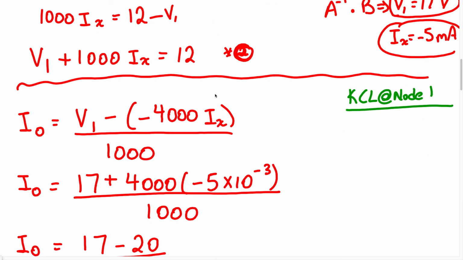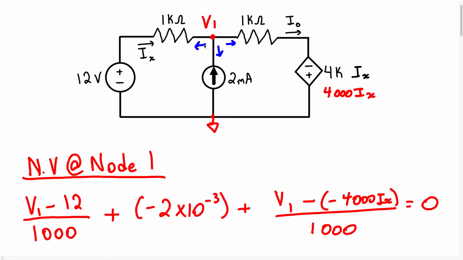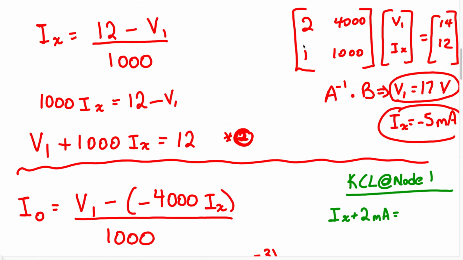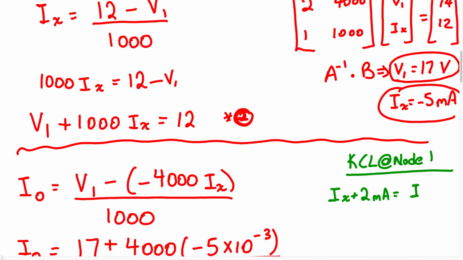So we're going to say IX plus 2 milliamps equals, the only current we have leaving this node is this current right here, the current IO. So we have equals IO.